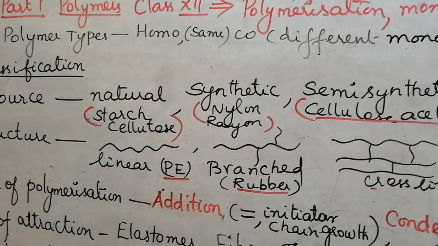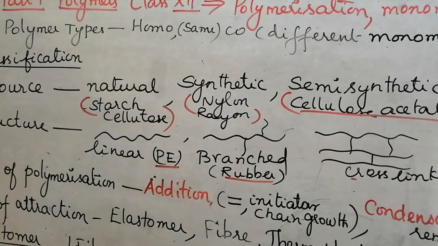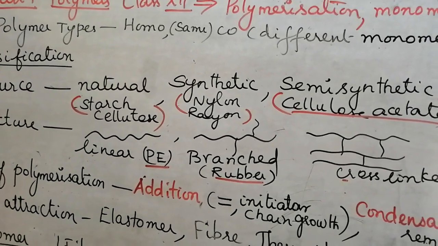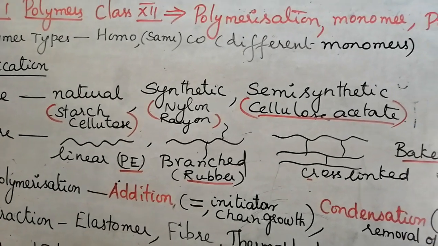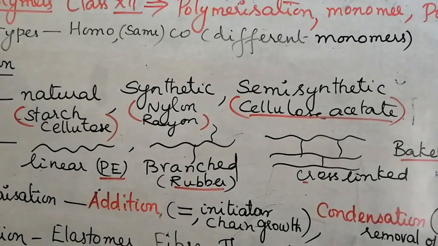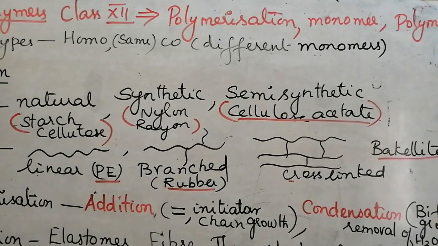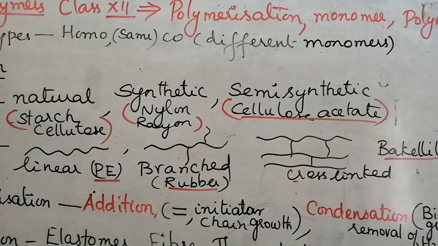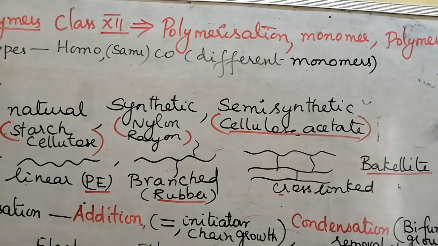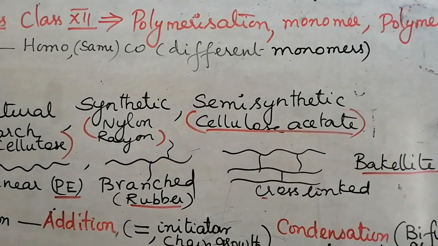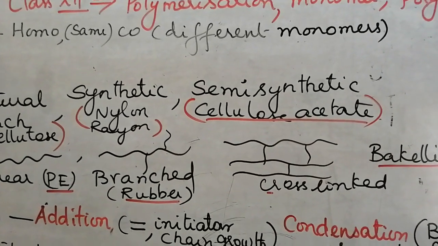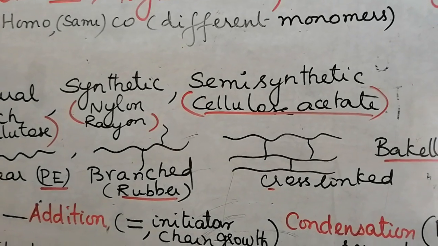Synthetic polymers are prepared from chemicals which act as monomers. Semi-synthetic means the monomer which we are taking is from a natural source, but with the help of chemicals we prepare a big giant molecule, then it is called semi-synthetic. Rayon is prepared from cellulose acetate.